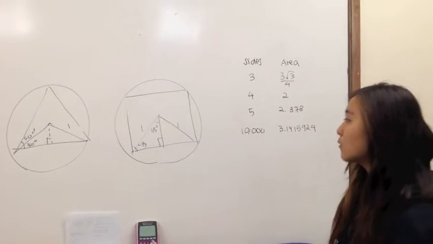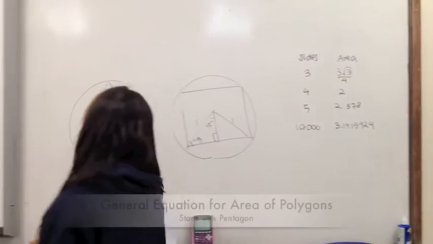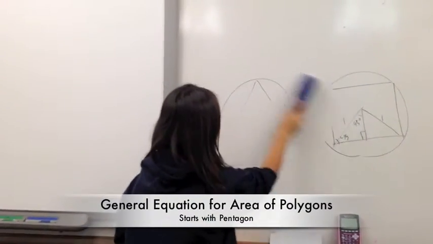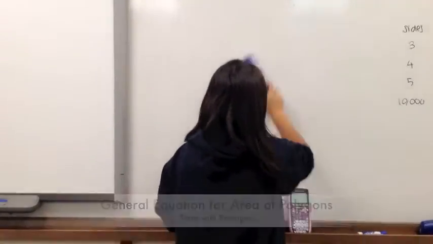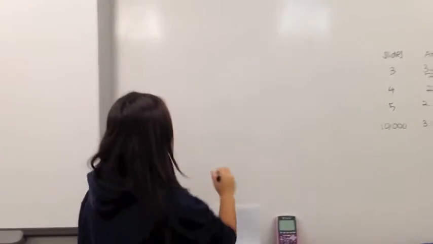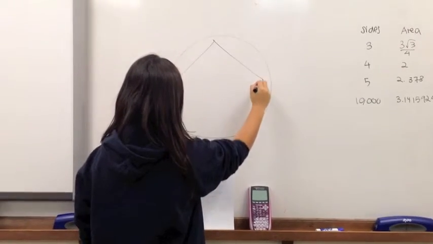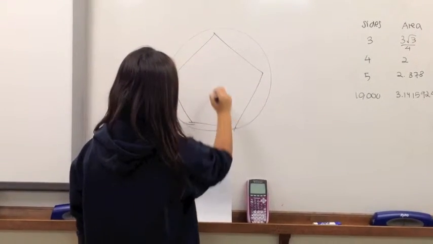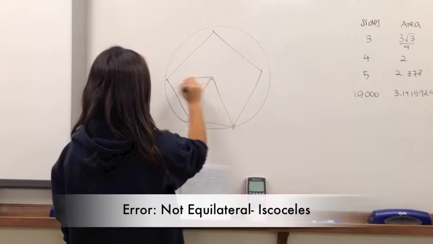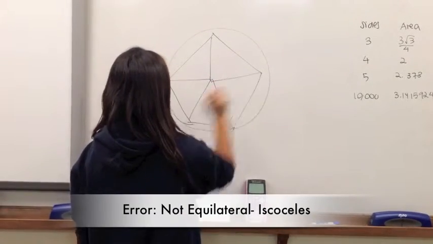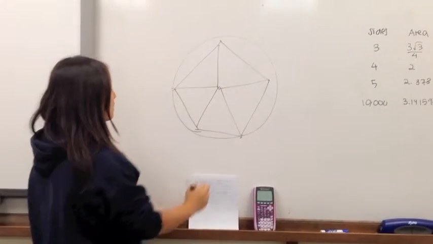To actually find the equation for most of the polygons inscribed in circles, we're going to start with the pentagon. This is our pentagon, and we can divide it into 5 equilateral triangles.